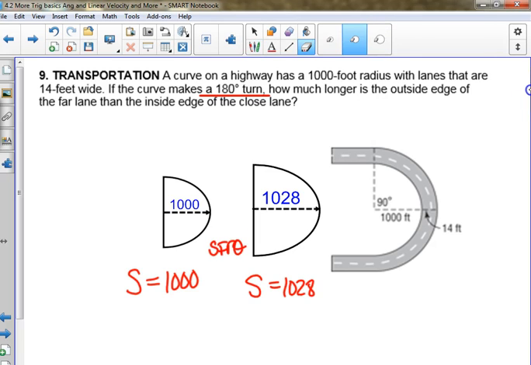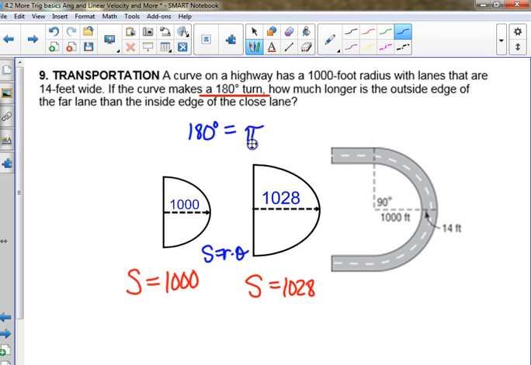What's theta, guys? Well, theta is the angle. What did they say in the question? 180 degrees, but can we use 180 degrees? We need it to be in radians. What is that equal to? 1 pi, right? So we're going to multiply this by pi and this by pi.